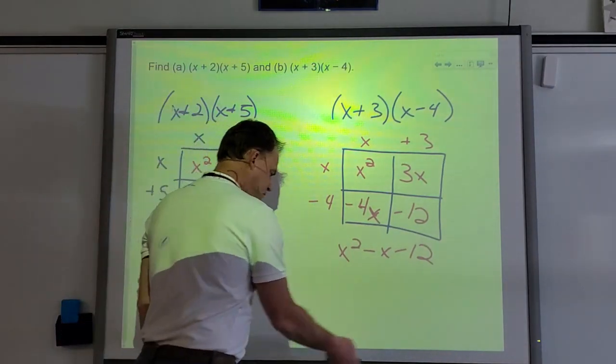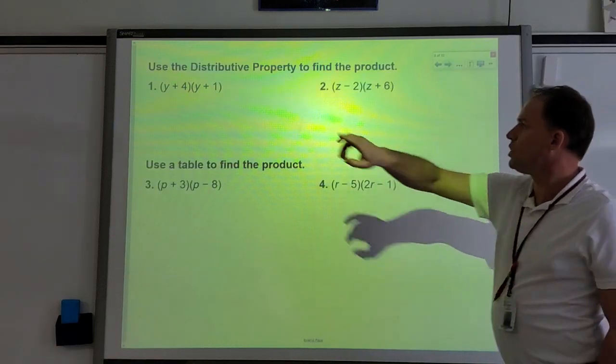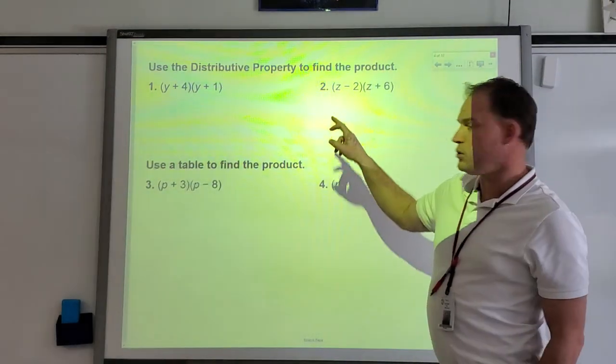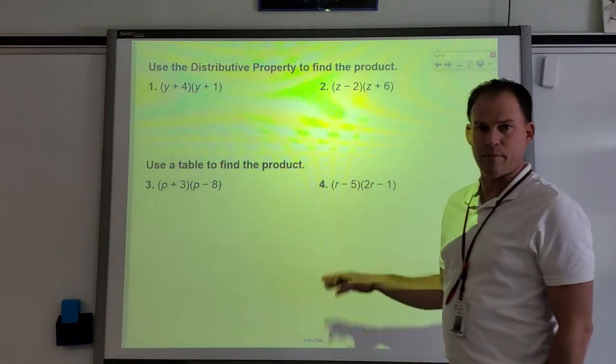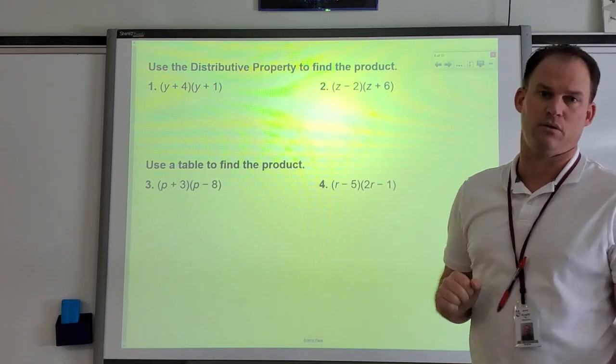All right. Do these by distribution, do these by table. I don't care which one you like yet. I want you to practice both methods, all right?